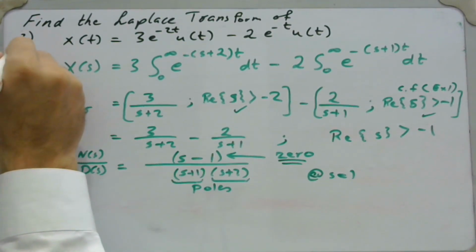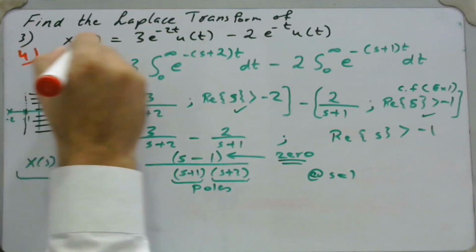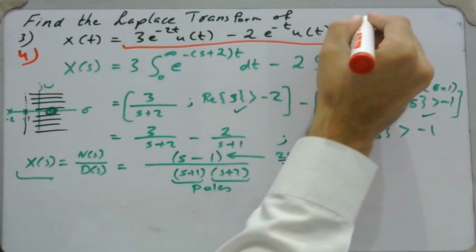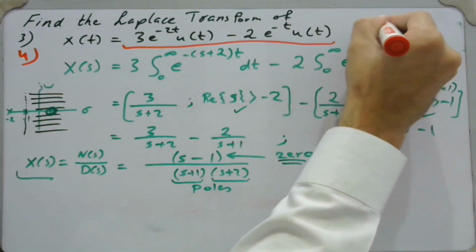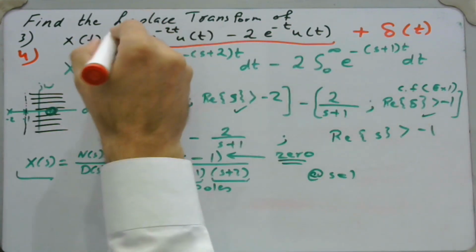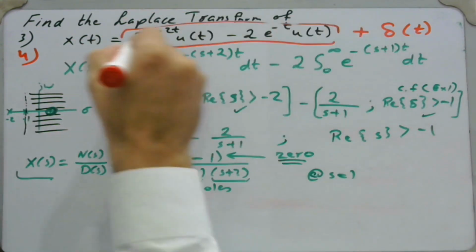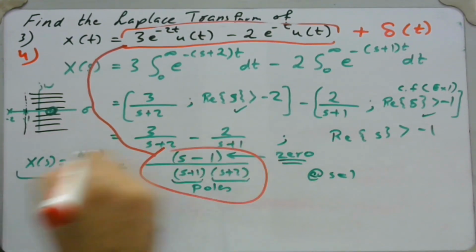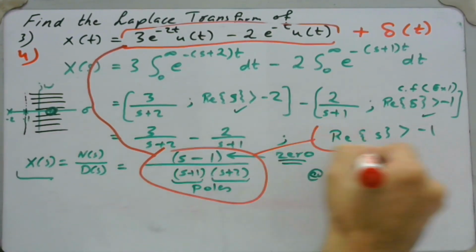So for the fourth example, say this whole thing remains the same, plus we add another function, say delta of t. We know that the Laplace transform of this is now obtained as this, and we have this region of convergence.